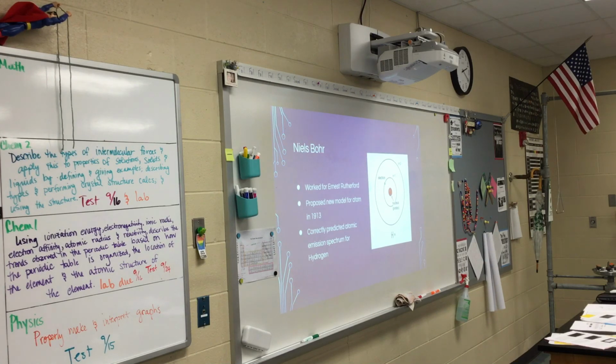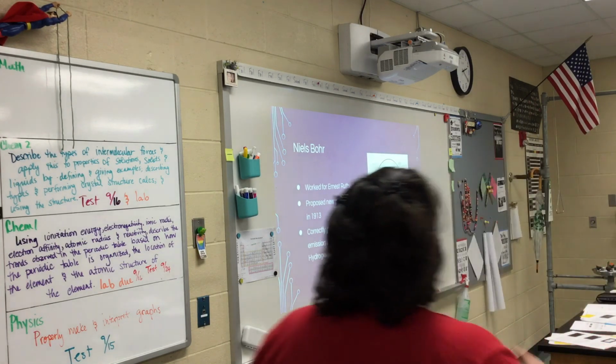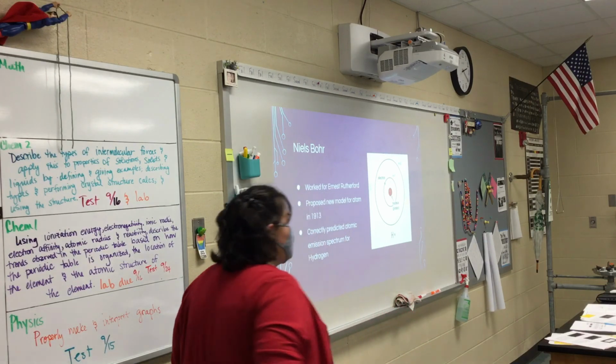And this is in 1913, so just over 100 years ago is when Niels Bohr proposed his model of the atom. Because we knew that Rutherford's model was not going to cut it. It didn't explain really anything that we needed as chemists. We need to know what causes chemical and physical properties, and Rutherford's model just wasn't cutting it. So Niels Bohr proposed a new model, and I have it pictured right next to the words here.